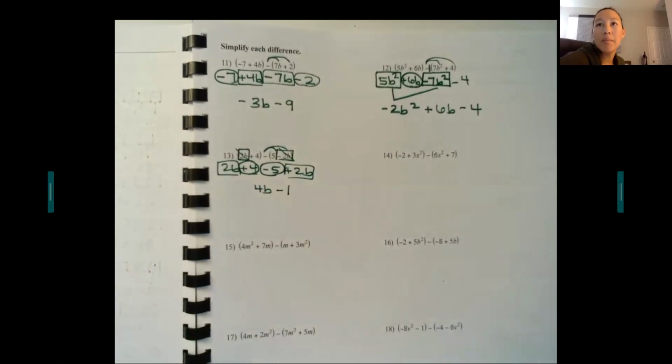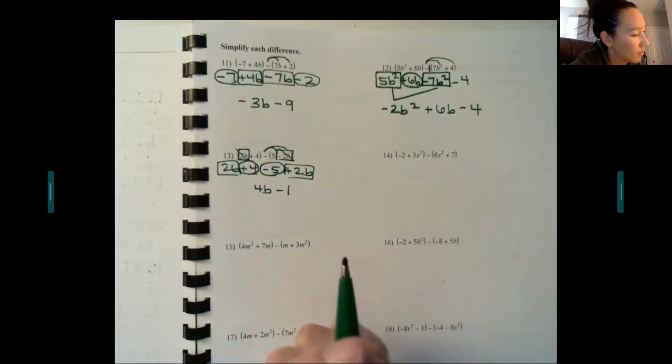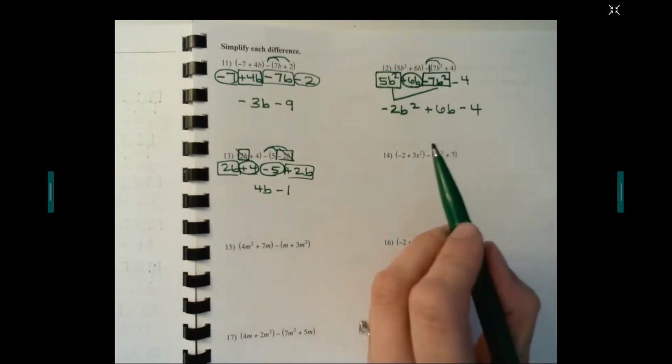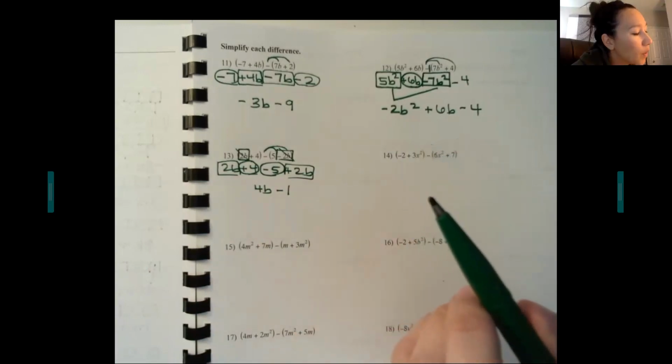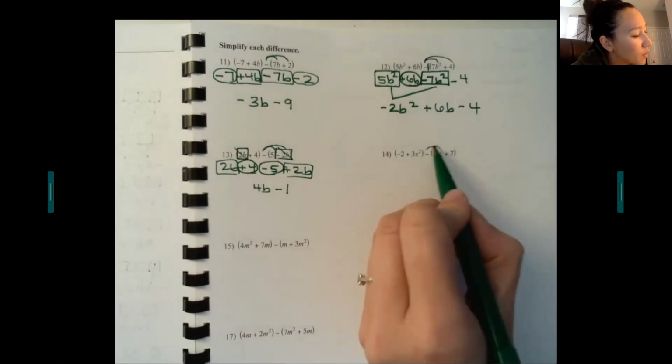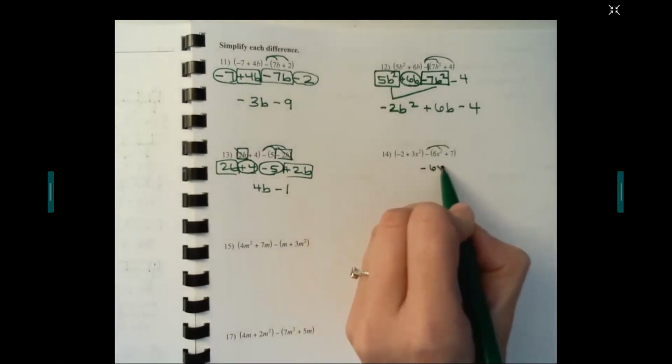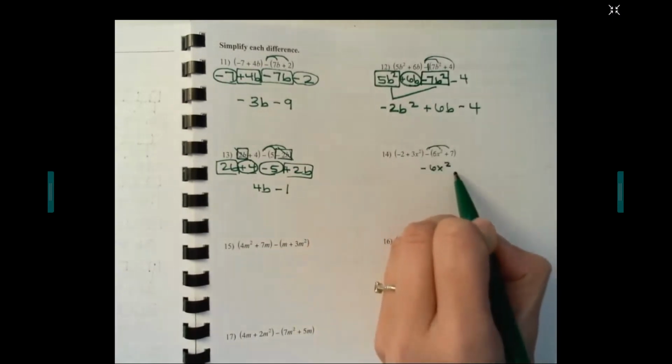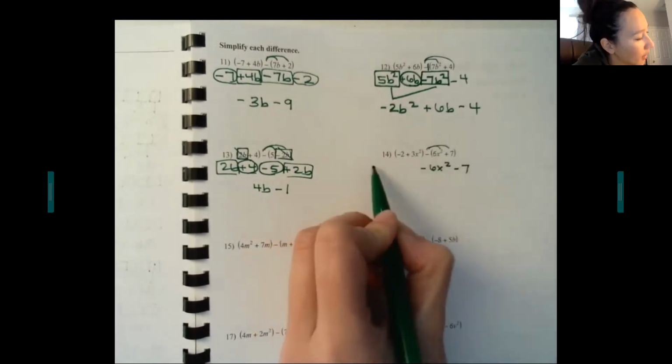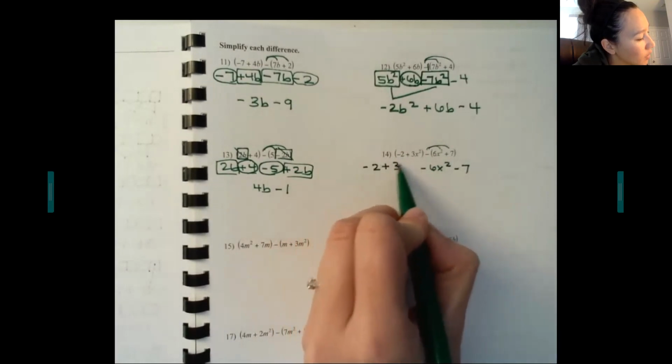Bella, number 14. So I circled the negative 2. Okay. Oh, wait, so distribute first, sorry. Can you tell me what you got first once you distributed? Negative 6x to the second power and negative 7. Excellent. And then we just bring down the negative 2 plus 3x squared.